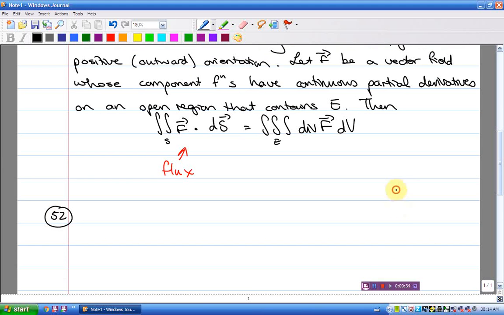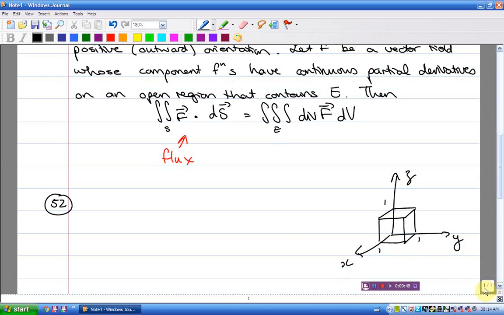So we have the field 1, 1, 1, Z, X, Y. We've got that unit cube, we've been asked to find the flux, and we've been given our velocity field, our vector field, our force field, if you will, through the surface of the unit cube. It says to do it as a flux calculation, but also by using the divergence theorem.